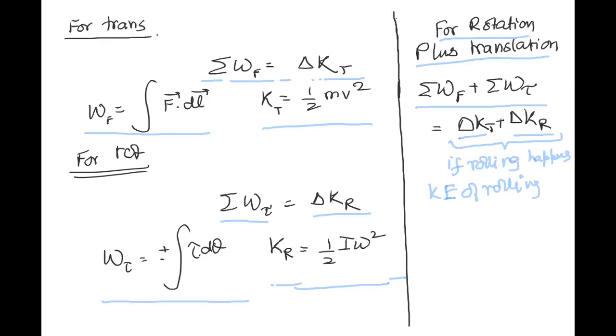Since rolling, Pratiksha, I had defined it, right? Rolling is defined as when the point of contact of the rotating and translating object has zero relative velocity with respect to the surface, same velocity. This is rolling. Okay.